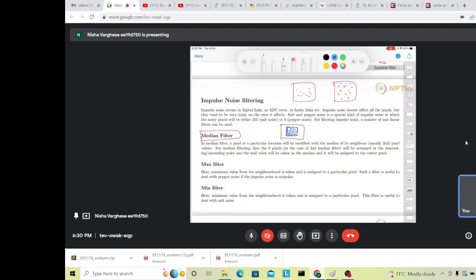Salt noise will be of higher intensity and pepper noise will be of lower intensity, but those noises won't affect the whole image pixels. So if you are taking a median value from this patch, from these 9 elements, 0 will be here, center pixel will be here, 255 value will be here.